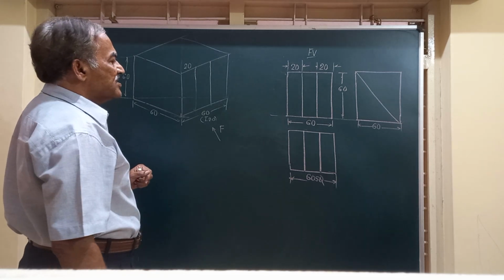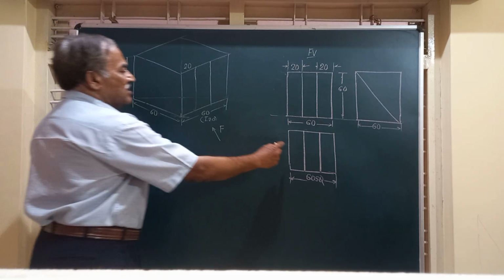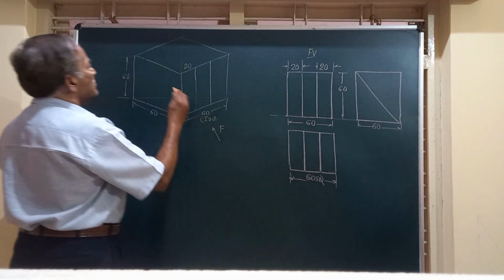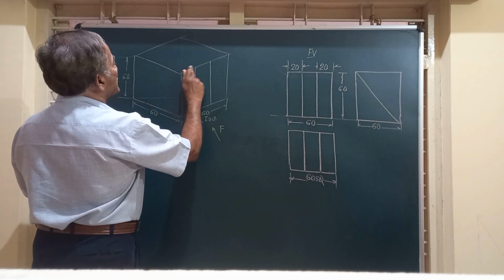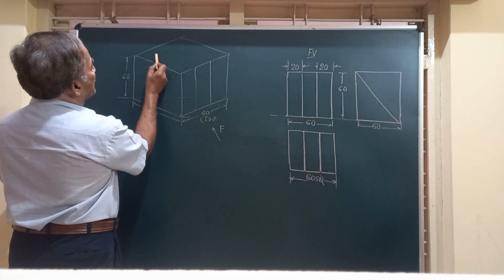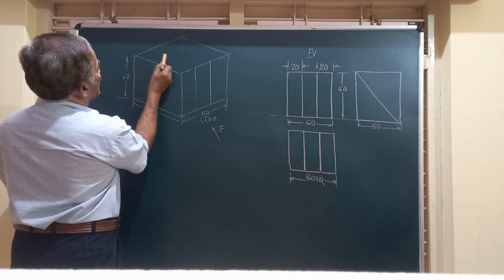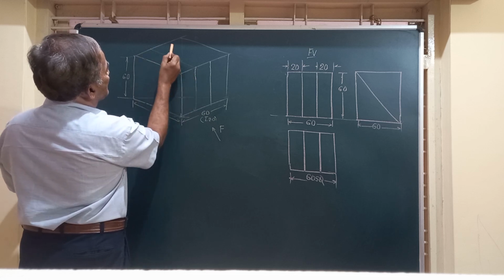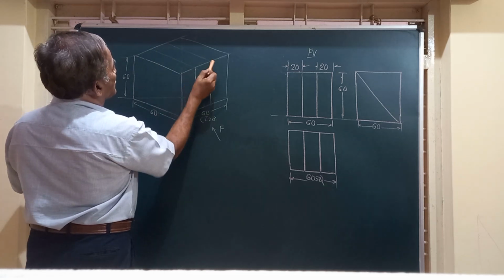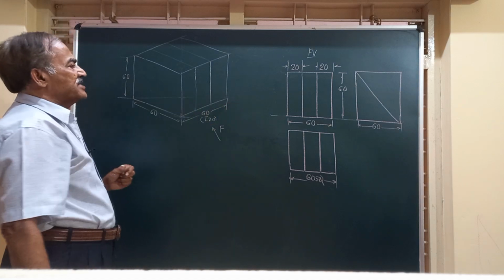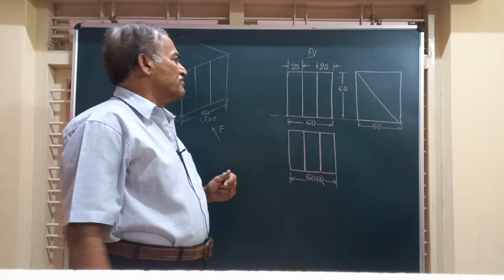And similarly friends, if you observe the top view, there also we have got three rectangles. So I am going to divide the top face into three equal parts. Only the cubical box I have written just to make the concept simple.